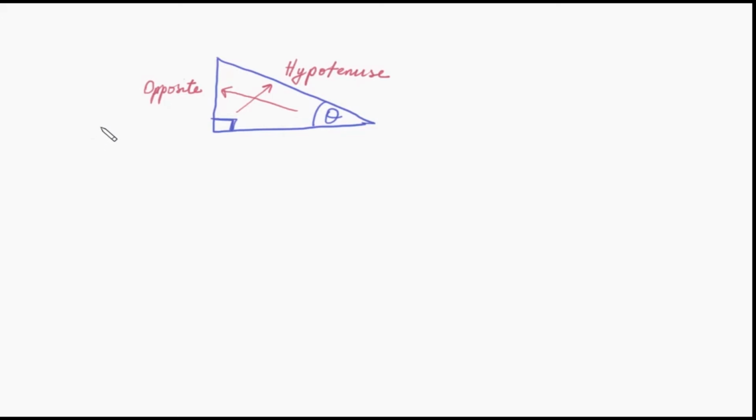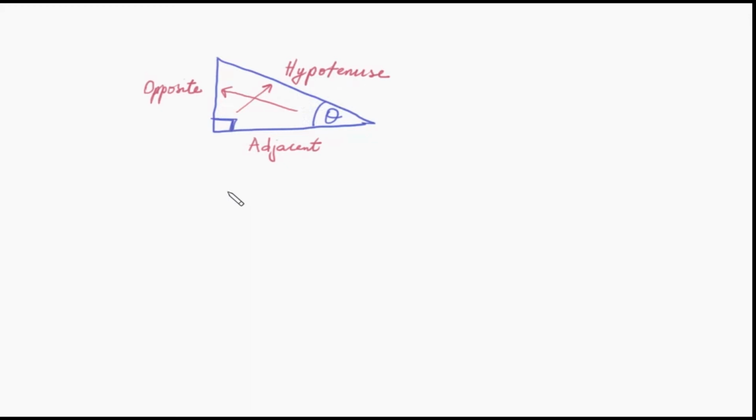Now the third side will be called adjacent. So these are the three names for the three sides of a right angled triangle only. If it's not a right angled triangle, these names are nullified. They don't exist anymore.